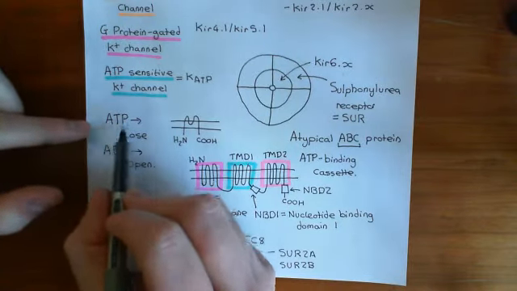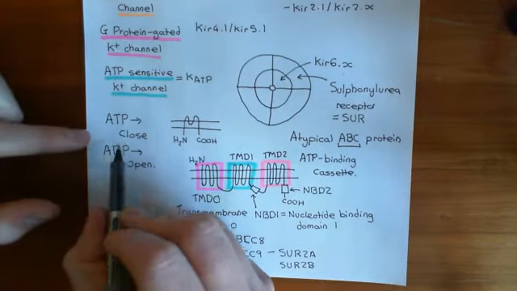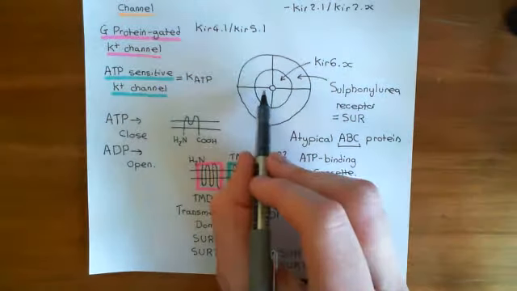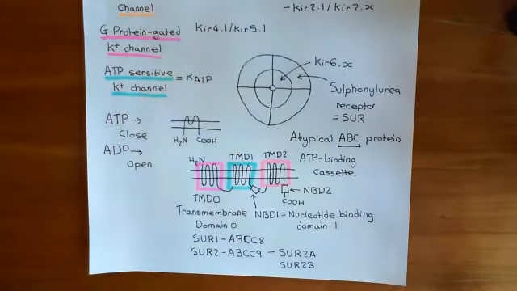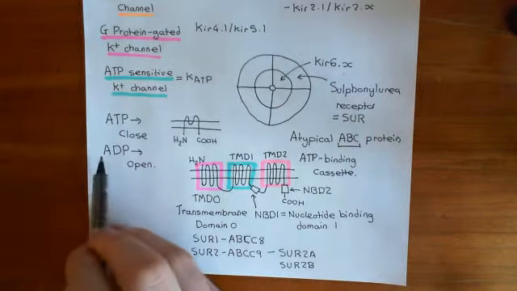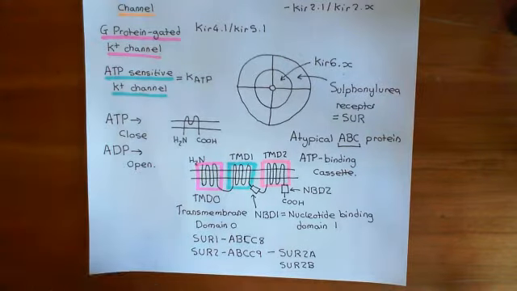So when ATP is high, ADP will be low. ATP will be acting on the inwardly rectifying potassium channel subunits and causing them to close. There'll be less ADP telling the sulfonylurea receptors to tell the inwardly rectifying potassium channel subunits to open, so that's going to mean that the channel closes when you have very high levels of ATP.